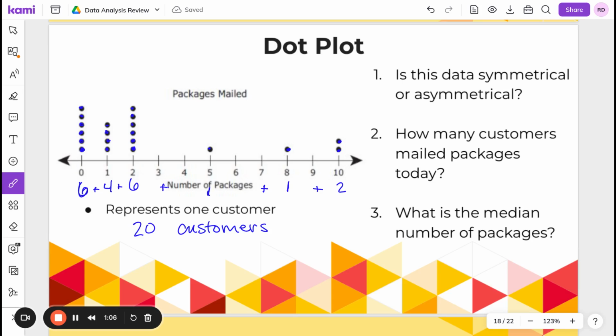That being said, each of these dots represents one customer, but where they're at in the number line tells you how many packages, the number of packages that customer decided to put into the mail.